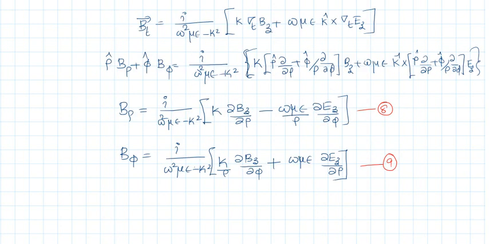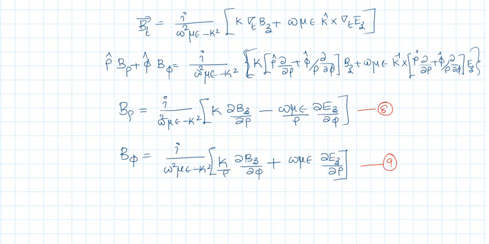In a similar manner, from the equation of Bt, you can calculate B rho as i divided by omega square mu epsilon minus k square, into k dou Bz by dou rho minus omega mu epsilon by rho dou Ez by dou phi, equation number 8. And B phi equals i divided by omega square mu epsilon minus k square, into k by rho dou Bz by dou phi plus omega mu epsilon dou Ez by dou rho. This is equation number 9.